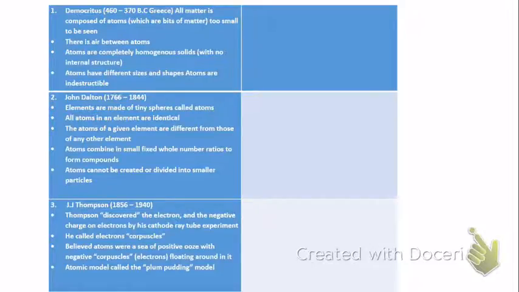The other idea was proposed by Democritus and his followers, who believed that matter was actually composed of very tiny objects called atoms. What Democritus believed is that if you took a piece of matter, you could divide it and divide it again and divide it even more.